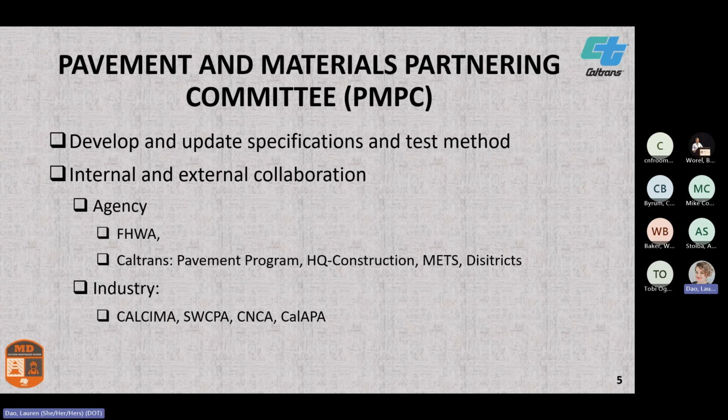We have 3 levels. It is a partnering of agencies: Federal Highways and Caltrans. We mostly have our three offices: headquarters construction, METS, which is testing, and the districts, plus industries. Industry covers big areas: contractors, consultants, producers. It's a huge area.